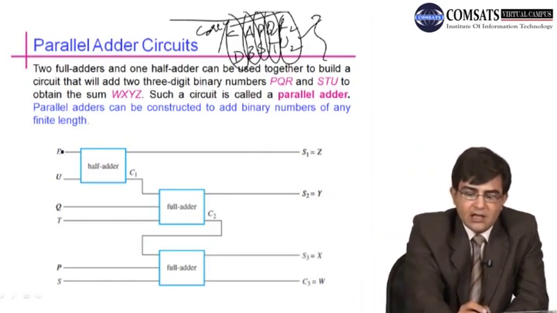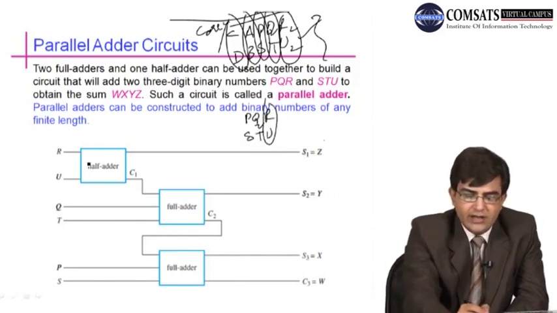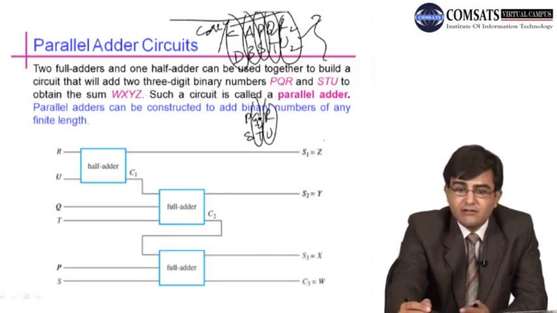For example, to add up these 2 numbers, PQR and STU, to add R and U we use a half adder, and then we get one sum and one carry.